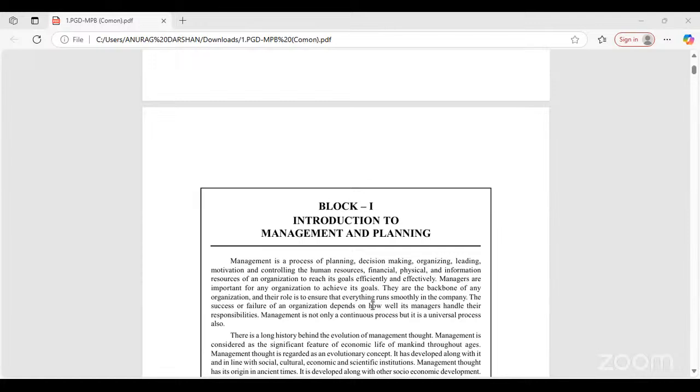So he will be leading. So management, by definition, is a process of planning, decision making, organizing, motivating, controlling, and financial and physical assistance provided to the employees.